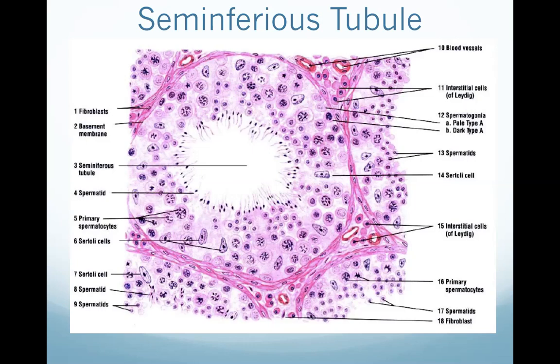They form basically a cytoplasmic wall between circulating blood and the developing spermatids, so that the male immune system doesn't have direct access to the spermatids, and therefore will never mount an immune response to the spermatids as they're forming.